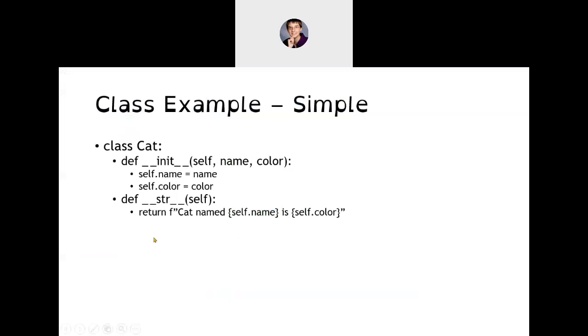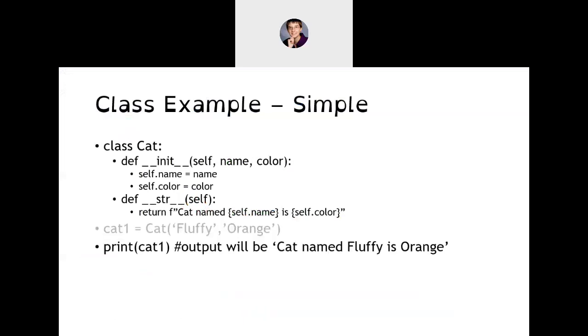This self is that specific instance of this class, and it's pulling those attributes. So now, if I create this same cat and say print cat1, it's going to print this string, filling in the attributes of that specific instance. A great way that we can get more information.